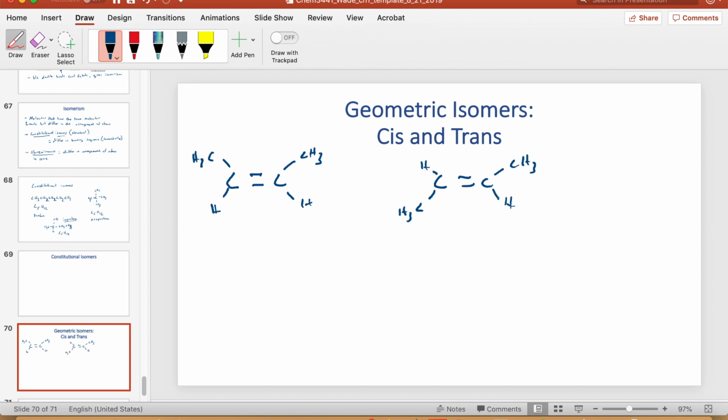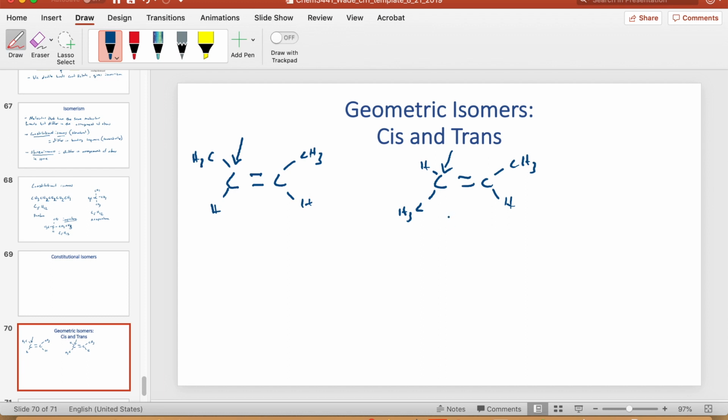Well, notice that basically everything is connected the same way, right? I'm still connected to this carbon. Even though one's up and one's down, they still have the connection at the carbon that you see right here, right? So they're not connected differently, but there is in fact a difference, and that's because I can't rotate this double bond. This piece can't rotate around, right? Because I have that sort of locking pi bond that's up there, right?